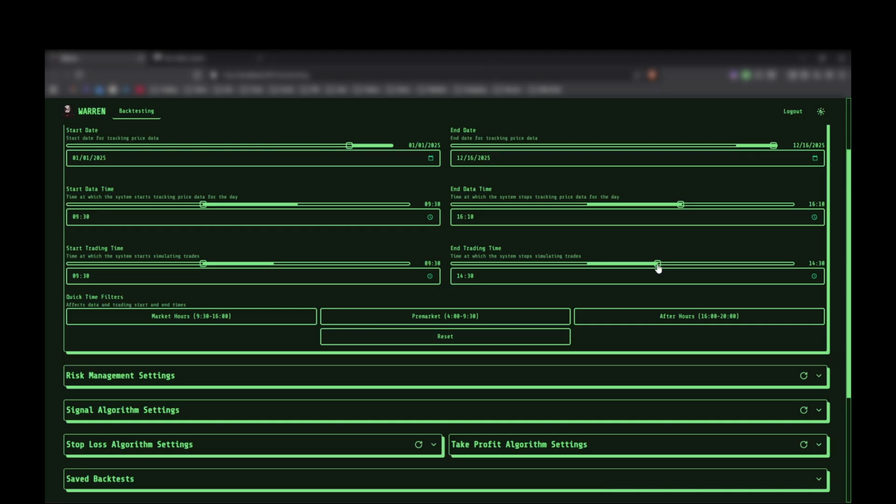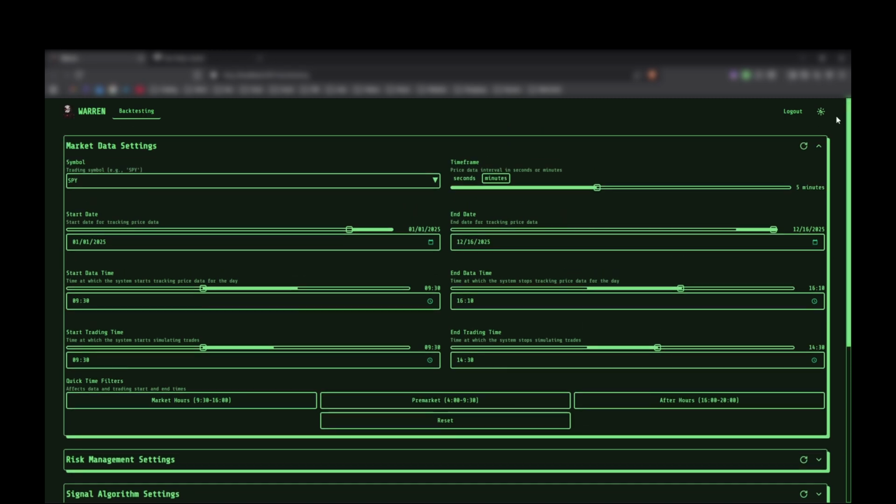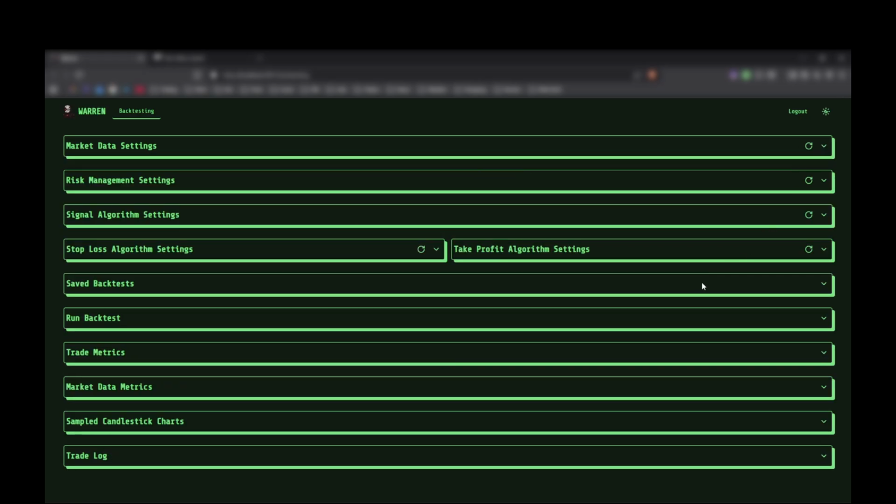So the chances of a trade lasting 2 hours into the end of market are probably pretty low. That's probably why we don't see any day-ended results. So that is what Warren ended up being in a nutshell.